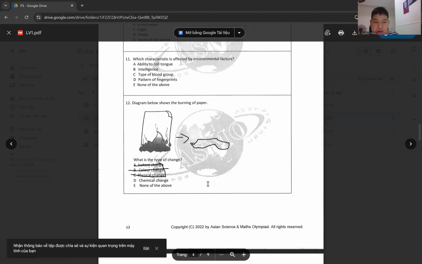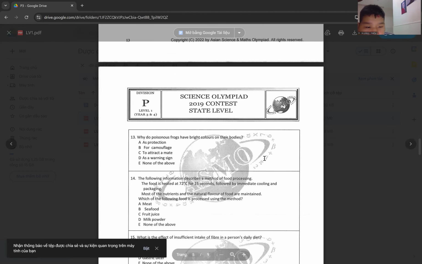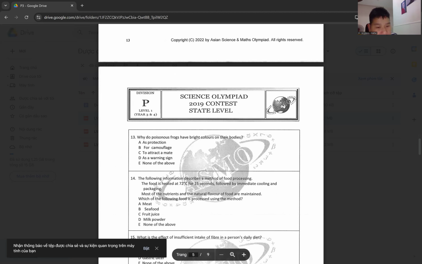All right. So, why do poisonous frogs have bright colors on their bodies? Is it A, for protection? Or is it B, for camouflage? Is it C, to attract a mate? Or is it D, as a warning sign? Well, it's a warning sign.